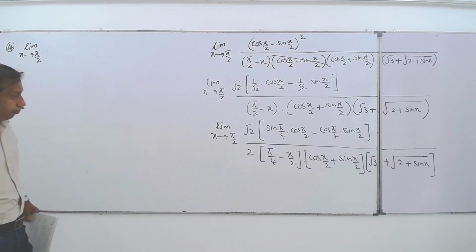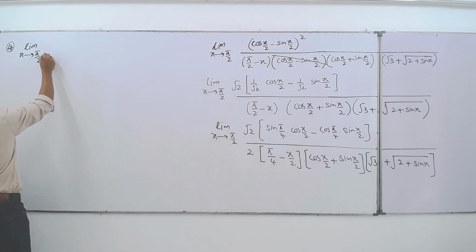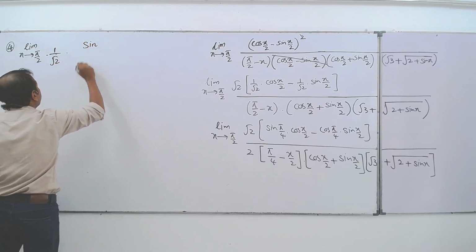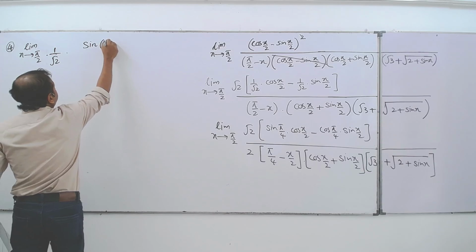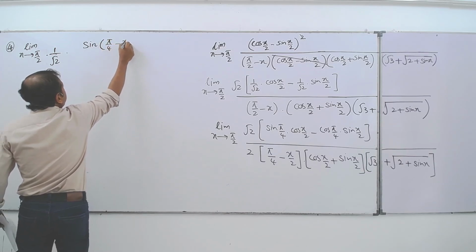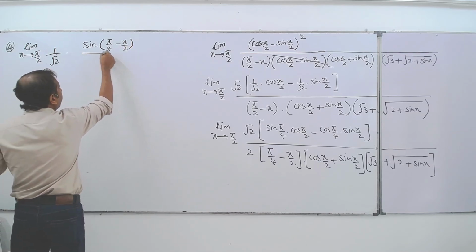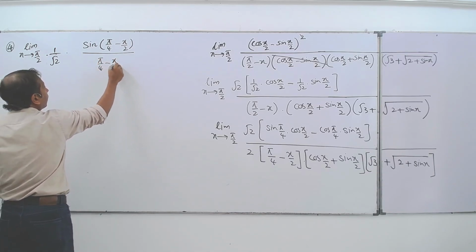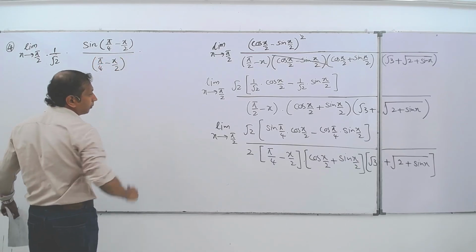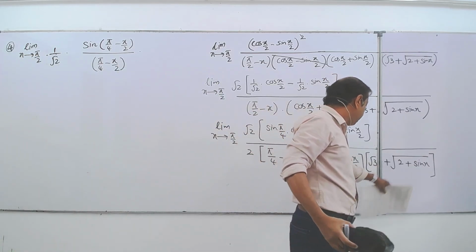Then we can write this root 2 divided by 2 is 1 over root 2, sin pi by 4 minus x by 2, right? Divided by pi by 4 minus x by 2 here. Right. And next to that, we must write this and this.